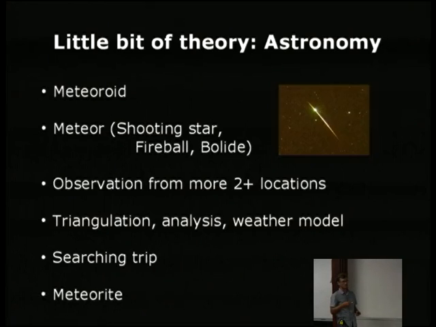The principle of finding out where the observed event landed, or what was the trajectory of the meteor, is observation from two or more geographically distinct locations. We perform triangulation calculation based on these images.